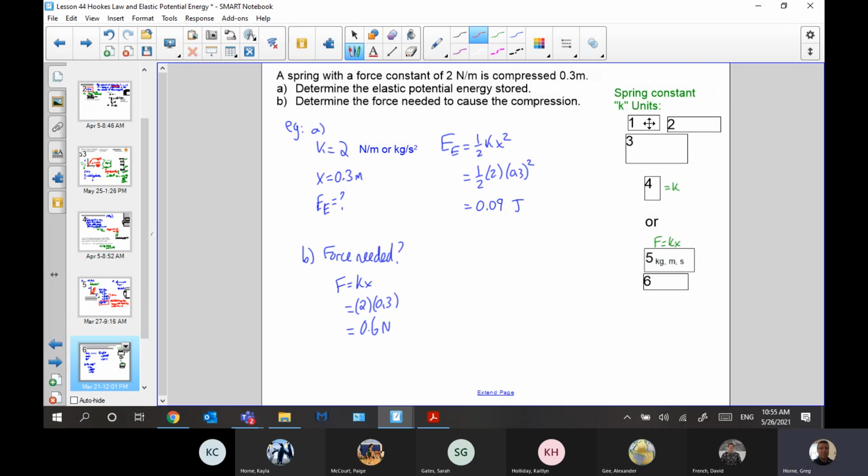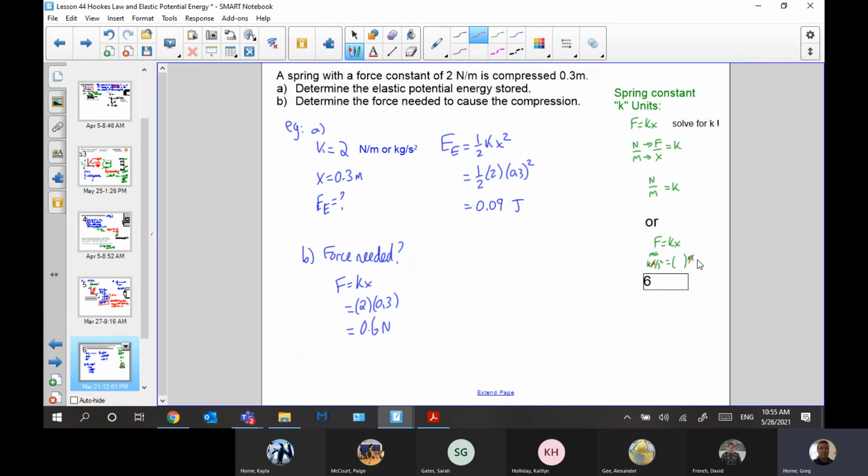If we wanted to talk about the units a little more, we could. We have F equals kx, and so if we solve for K, we'd have F over x, which is newtons per meter. So when they say the K constant is newtons per meter, that should make sense, right? If we had F equals kx in terms of kilograms, meters, and seconds, it would be kilograms meters per second squared for the mass times the acceleration.